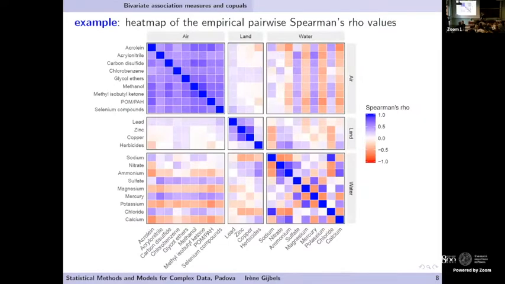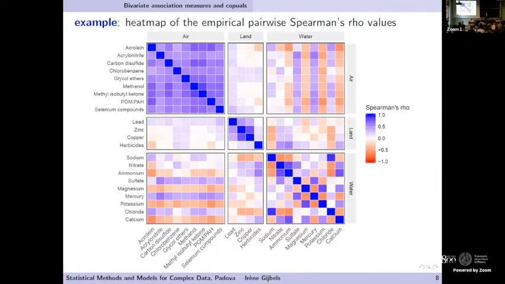So this is a heat map which basically shows empirical pairwise Spearman's rho values for these 22 variables which I considered, and this is pairwise. So I'm only looking at 2 variables at a time. The bluish color is positive values of Spearman's rho, and the red colors are negative values of Spearman's rho. And essentially there are many things you can start looking at from this heat map.